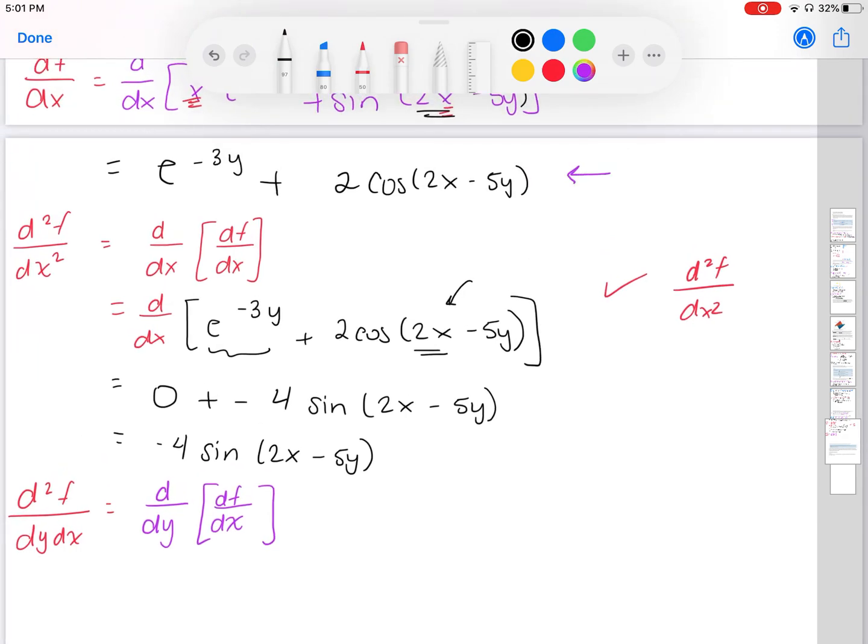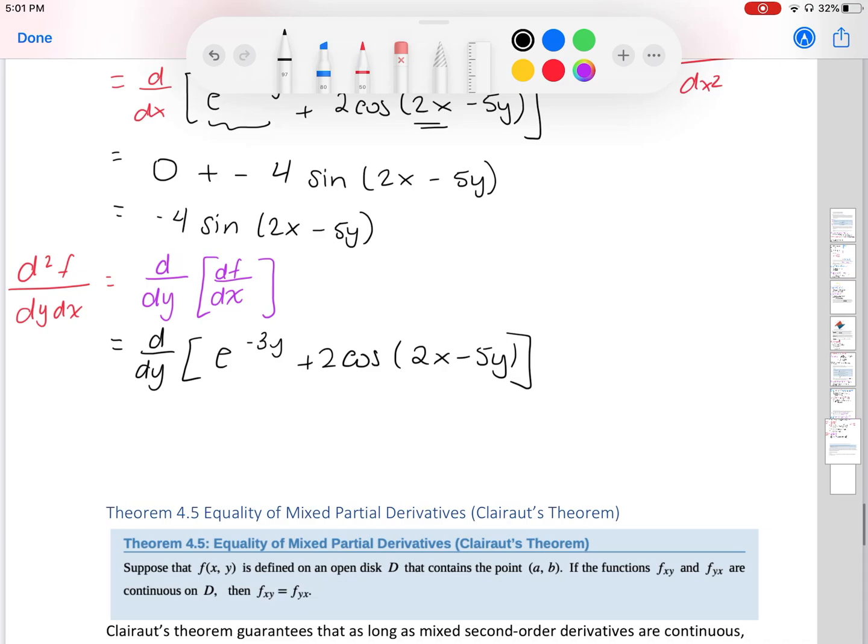So we're taking the derivative of your x derivative, but now you're applying the derivative of y. So you want d dy of e raised to negative 3y plus 2 cosine of 2x minus 5y. So yes, this is the derivative of your function in terms of x, the first derivative in terms of x.